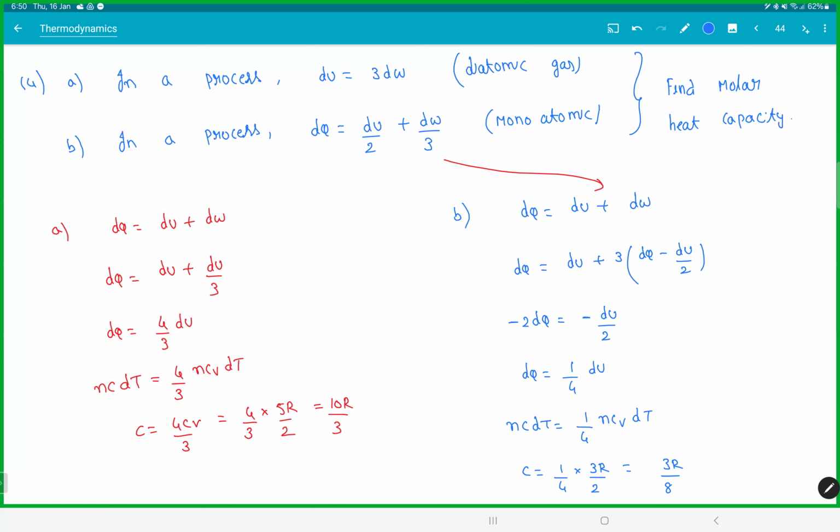Clear, everyone? So if you see, this is again one model. You took diatomic, okay. But you can't take PV as nRT. Clear, everyone?